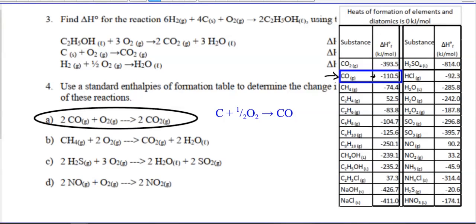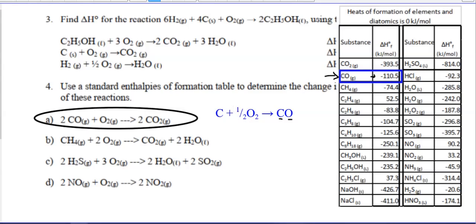So if I write down a reaction mechanism, I would write out a balanced chemical equation for 1 mole of carbon monoxide. All right, so I just have my carbon and I add it to an oxygen. So oxygen would only come as a diatomic, which means I have to start thinking in terms of half values. So I can do that.